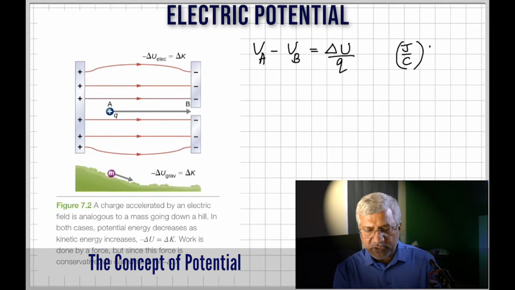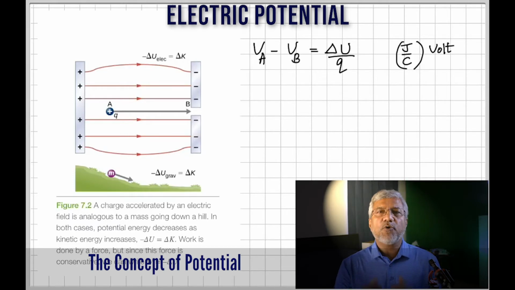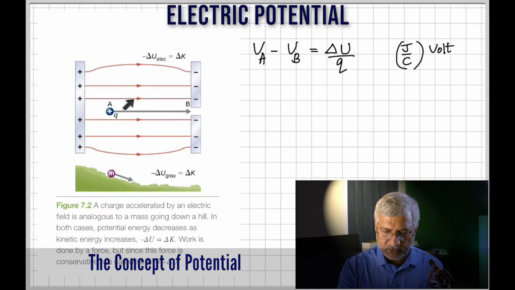And potential difference is defined as work done over charge. Let me explain. That means the work that we would have to do to move a positive charge from the negative plate to the positive plate. So imagine that this plus Q charge is initially on the negative plate.